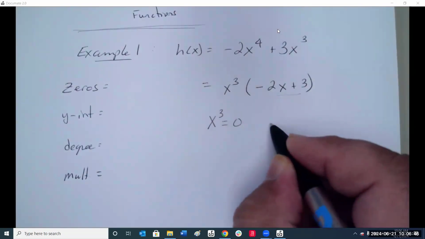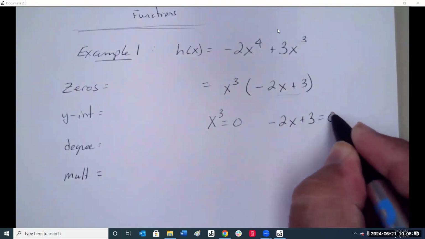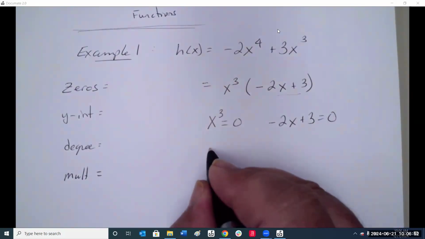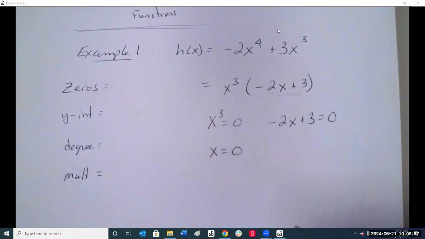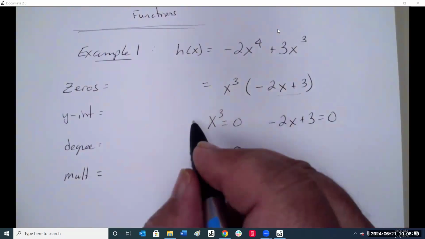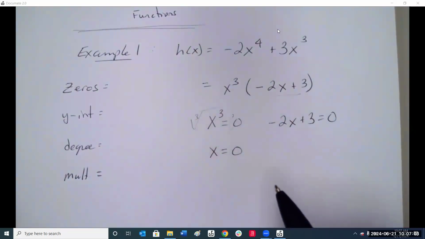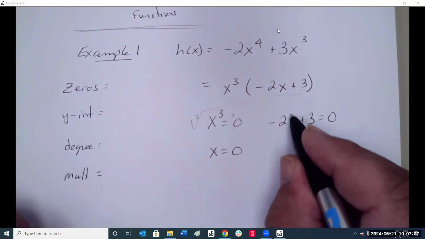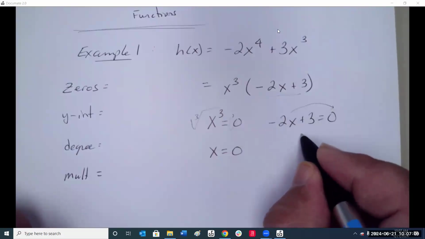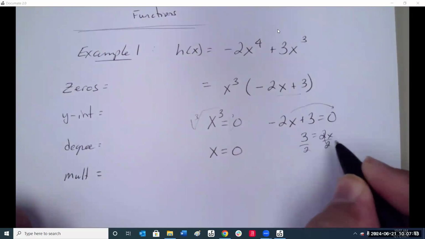Yeah, set each of these equal to 0. So x equals 0, because if we took the cube root of both sides, it's 0. Move the 2x to the other side and divide by 2.